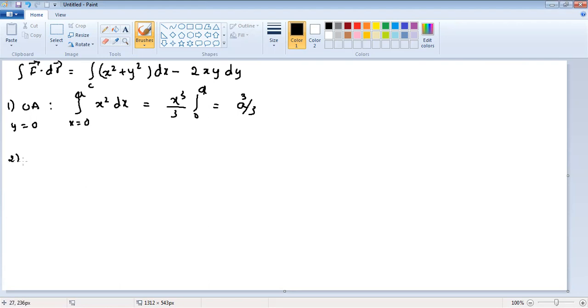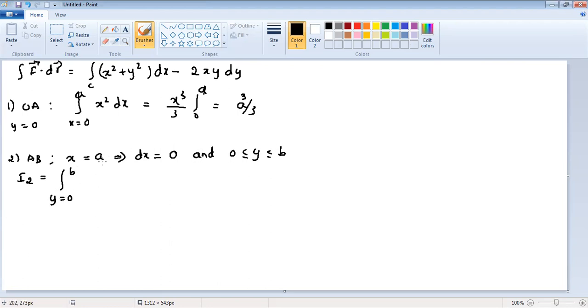Second one, along AB. What happens? x is equal to a, and when you differentiate, dx will be 0. And here y lies between 0 and b. Then our integral I2: y varies from 0 to b.